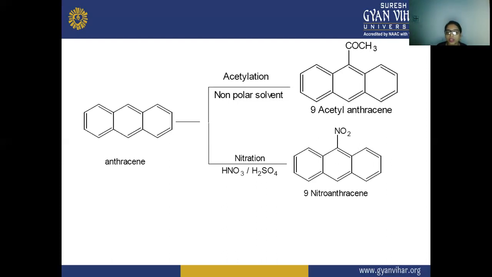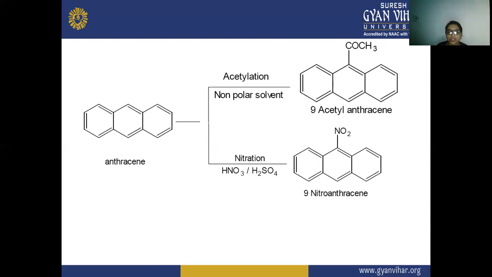And next, when anthracene is undergoing nitration, there is an attack of nitric acid in the presence of H2SO4, and this nitro group will attack the ninth position of the anthracene.